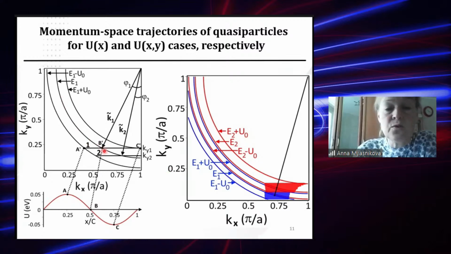Here we show two different momentum space trajectories for quasi-particles with the same energy, but with different momentum in the zero potential layers. The first quasi-particle's momentum space trajectory can reach both the minimum and maximum kinetic energy. So the real solution of the system exists in all the stripes or squares, in all the stripes, and this is a real quasi-particle.